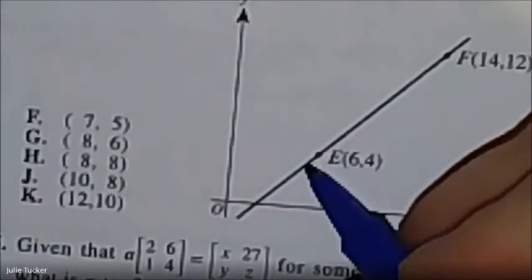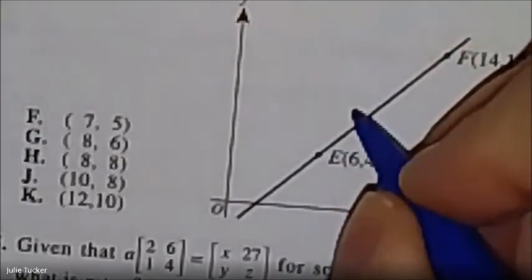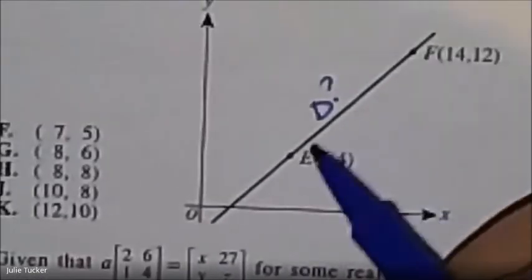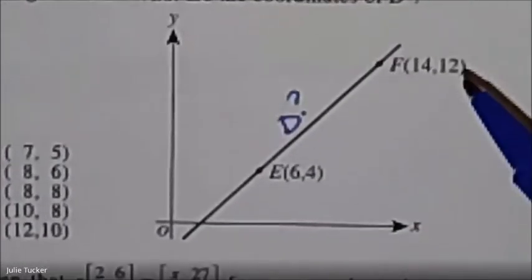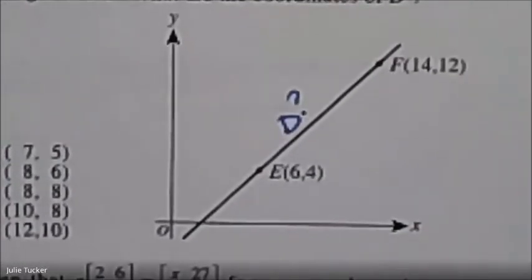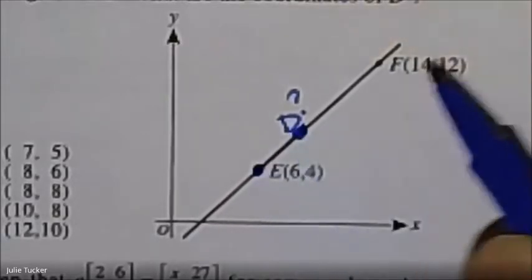EF is 4 times, okay, so D lies in here somewhere, so that EF is 4 times longer than DE, it says. So DE is going to be from here to wherever D is.